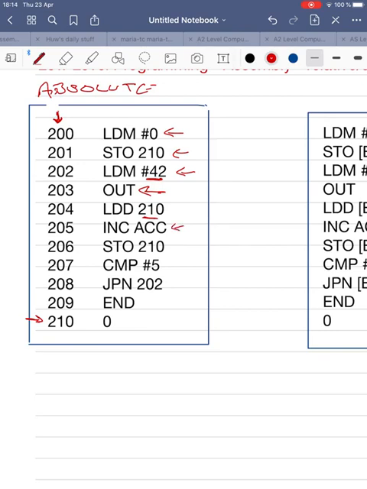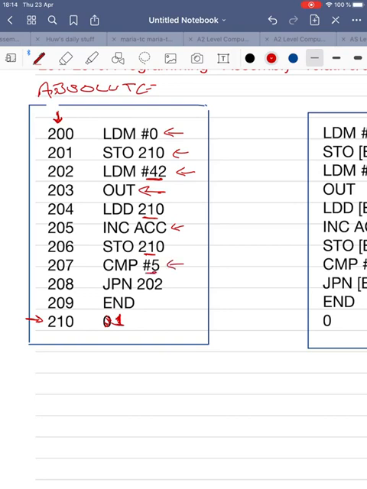We then increment the accumulator, so the value currently in the accumulator is 1, and we store it again using absolute addressing at memory location 210. So in fact this would now contain the value 1. Okay, then we compare that with the number 5.